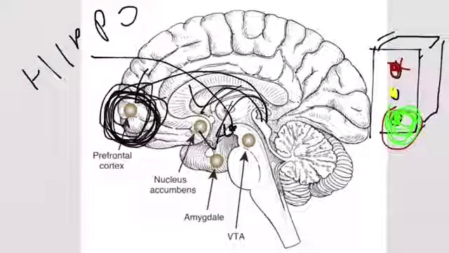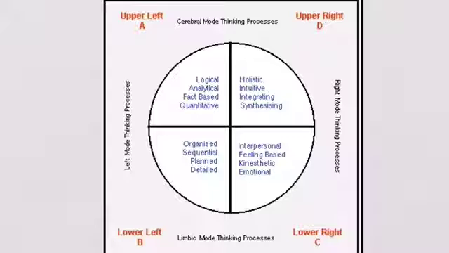So going back then to Ned Herman's model, this begins to make sense. The dorsolateral prefrontal cortex is co-held by these two sections in the left hemisphere. So there's the cerebral mode thinking process left and the limbic mode thinking process left.